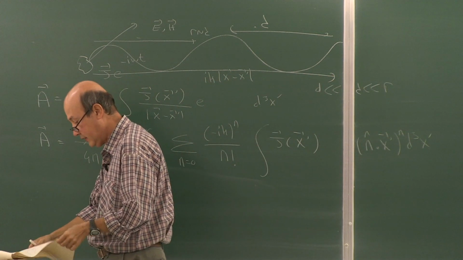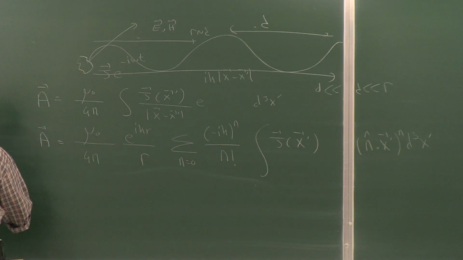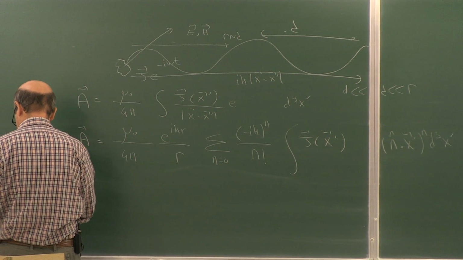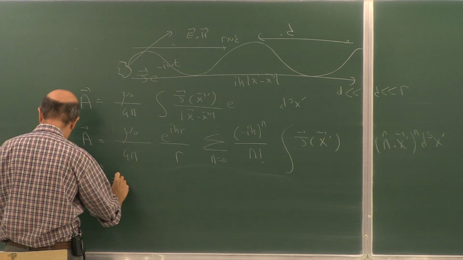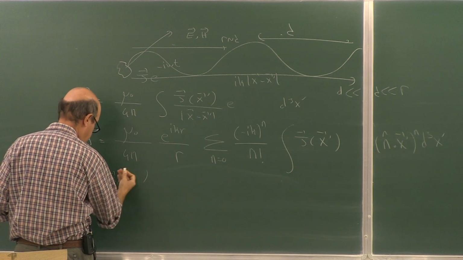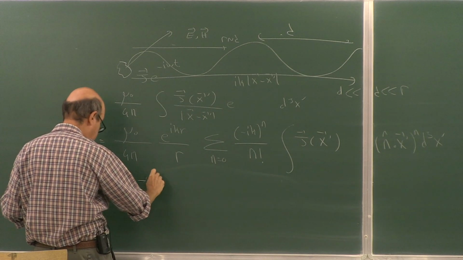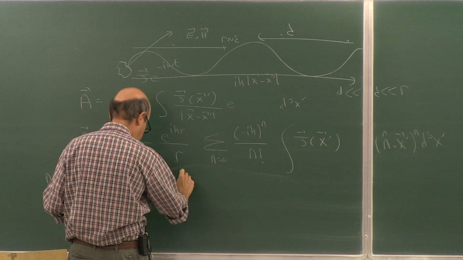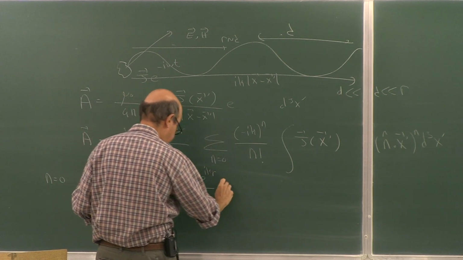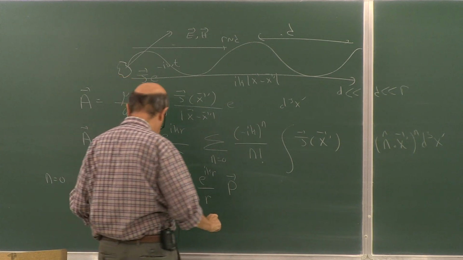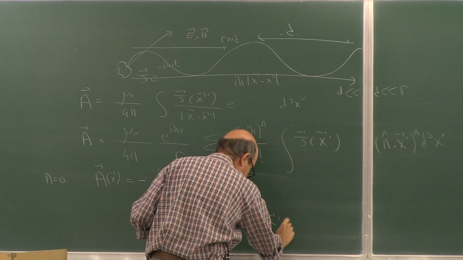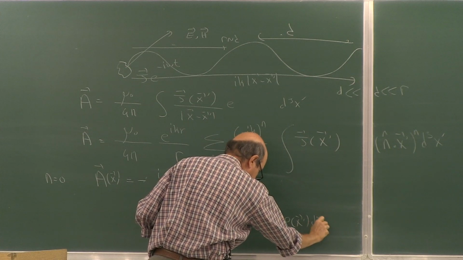So the special case n equal to 0, the lowest order of this series, could be expressed, as indeed I proved to you, in the following form: A of x is minus i mu 0 omega over 4 pi, e to the i k r over r, times p. p is the electric dipole moment, the integral of x prime times the charge density through the volume.